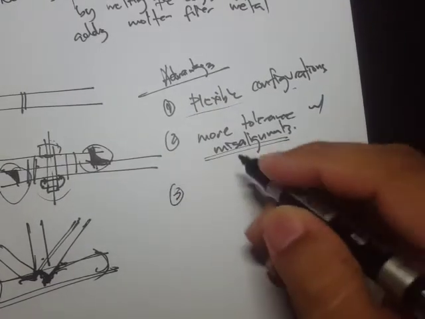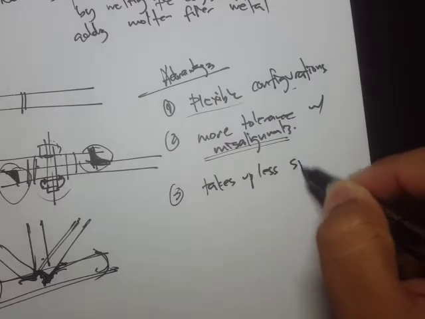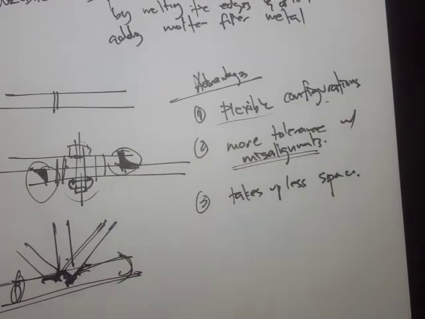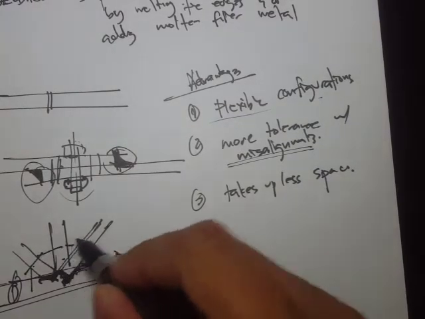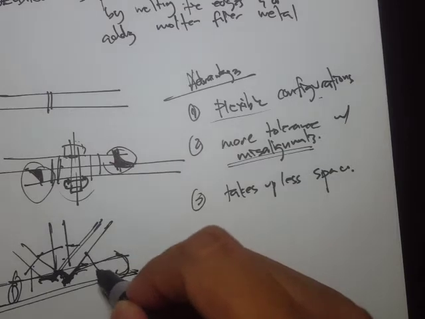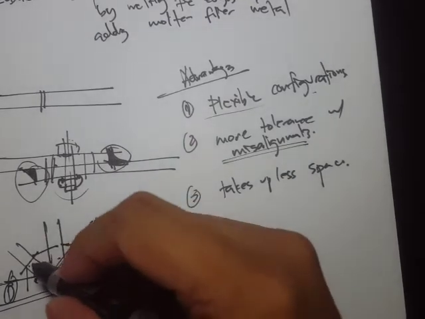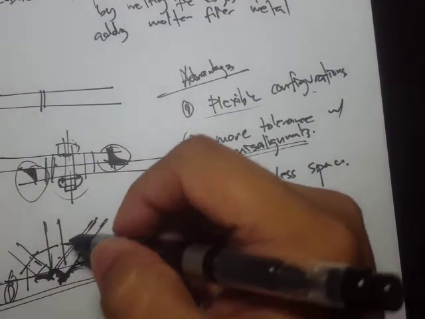Now the third advantage is it takes up less space and less materials, because if you do it with a bolt, you have to check the spacing of the bolts and things like that.